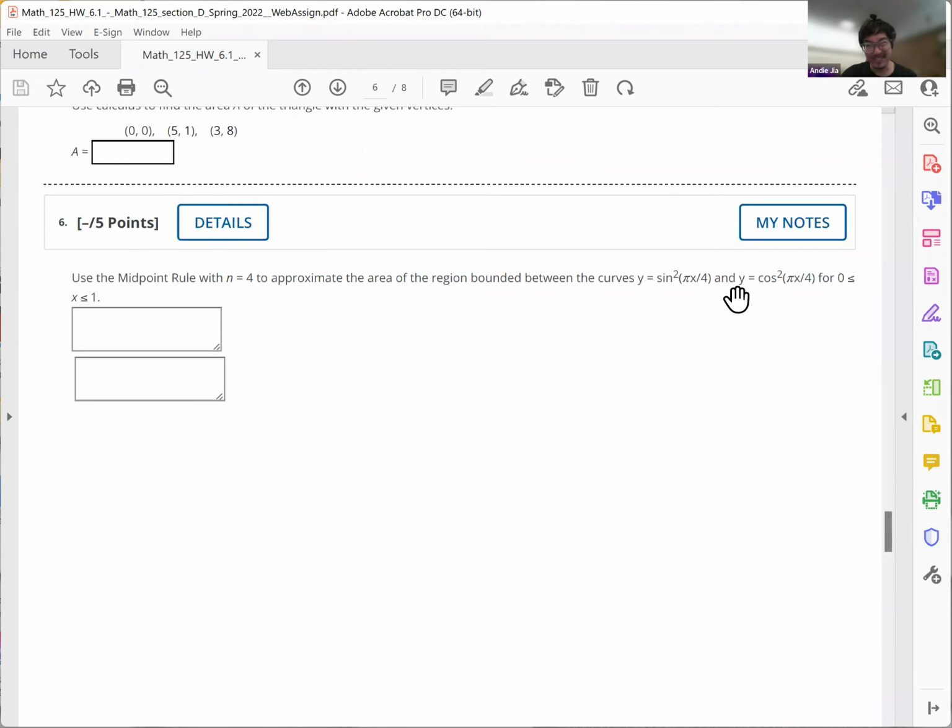Here you need to find this curve and the intersection. With n equal to 4, the midpoints are going to be 1/8, 3/8, 5/8, 7/8. Those are the points to use.